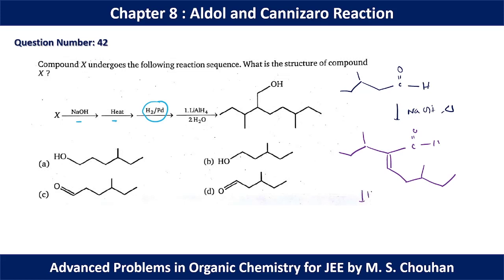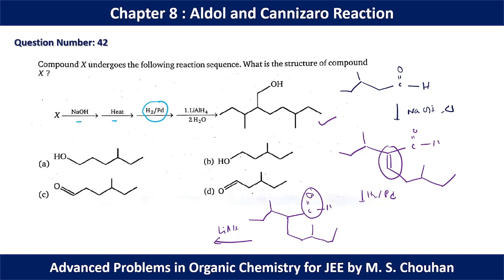Now if we add H2 and Pd, this will be reduced, so we can have a situation like this: C double bond, single bond, single bond, single bond, then this. Now if we add lithium aluminum hydride, this C double bond O will be reduced to alcohol, so the final product will be this one. So for question number 42, option D should be the correct option.